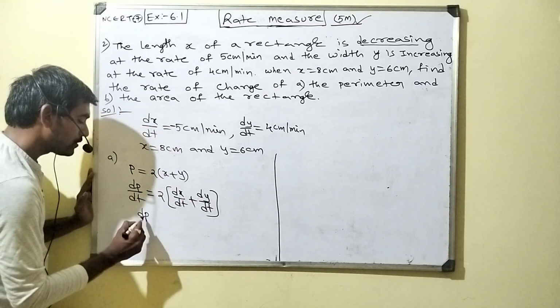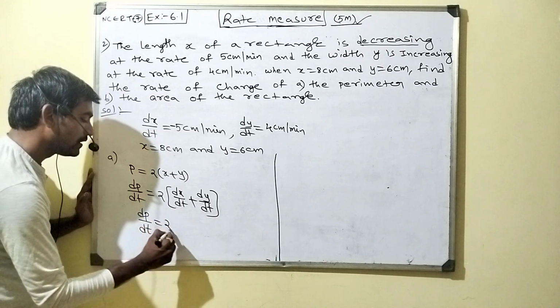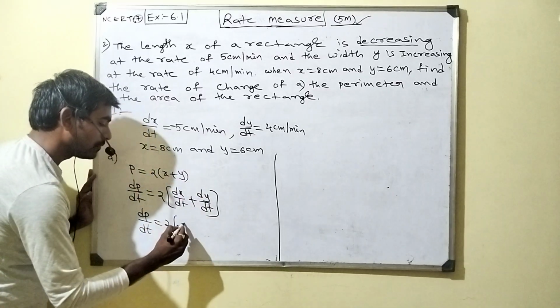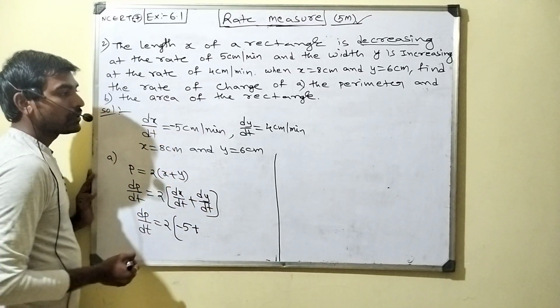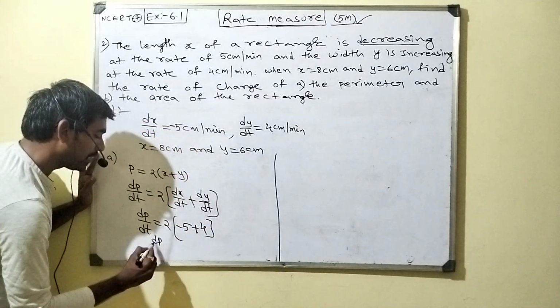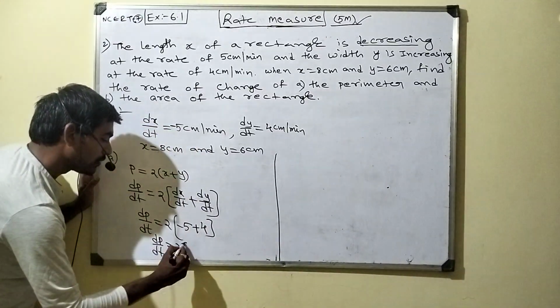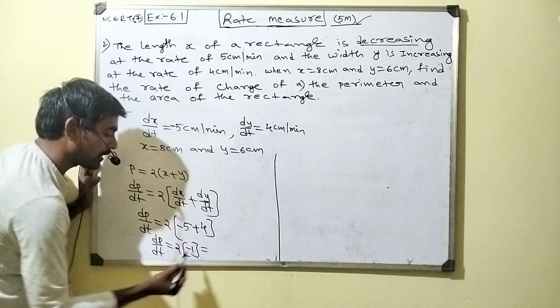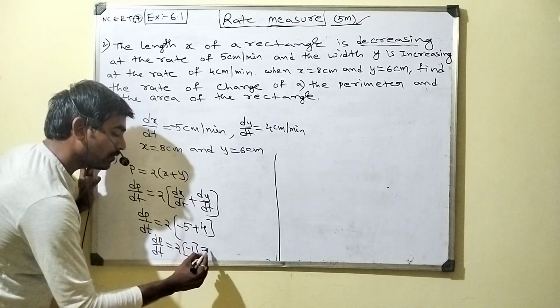Now what is dx by dt? Minus 5 centimeters. What is dy by dt? 4 centimeters. So dP by dt is equal to 2 of (minus 5 plus 4), which is minus 1.